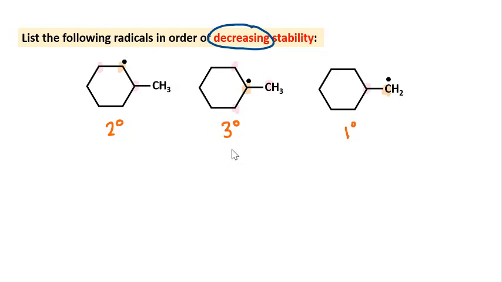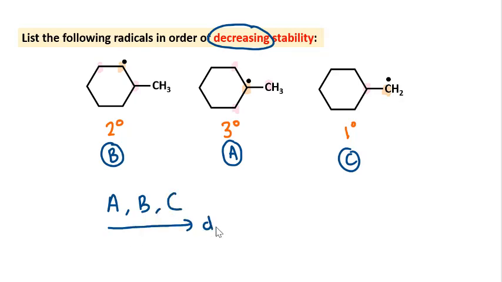Let's label it as compound A, followed by the secondary, and then the least stable is the primary carbon radical. So to arrange it, we have A, B, C, in decreasing stability of radicals.